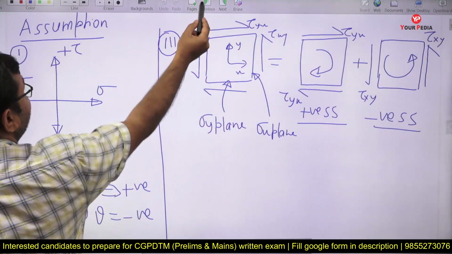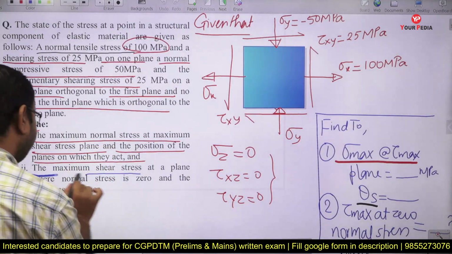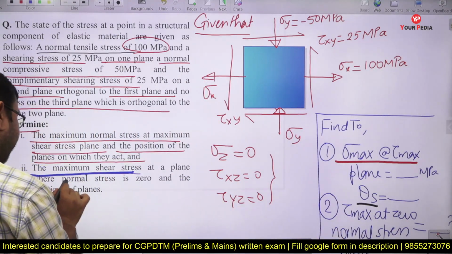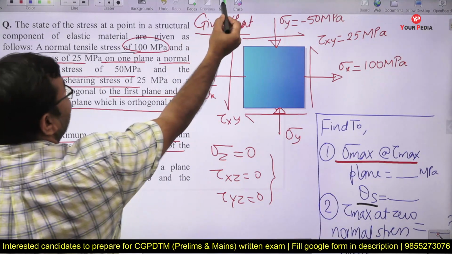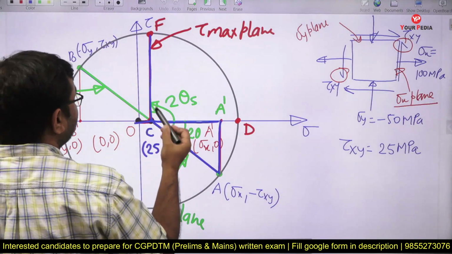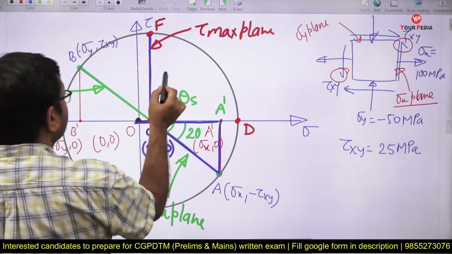Now let's see the second part. The maximum shearing stress. What do you need to calculate? Maximum shear stress at a plane where the normal stress is 0. So you can see here where this plane is located.